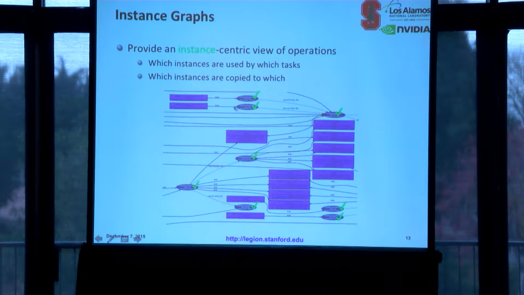And the edge between a task and a physical instance means that this task is accessing this physical instance. And the relationship between instances is mostly due to the copies. So if you see many of these dashed, dotted edges between the instances, that means that the runtime inserted a lot of memory copies between the physical instances, which might be a sign for performance tuning.